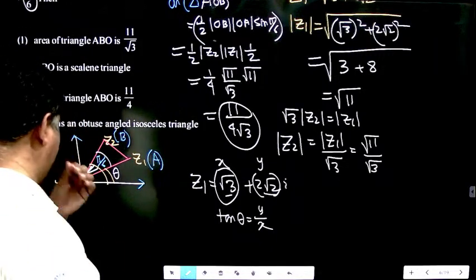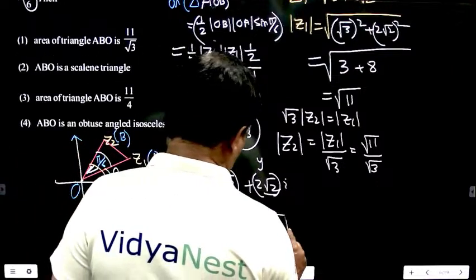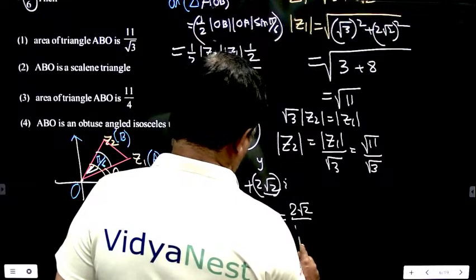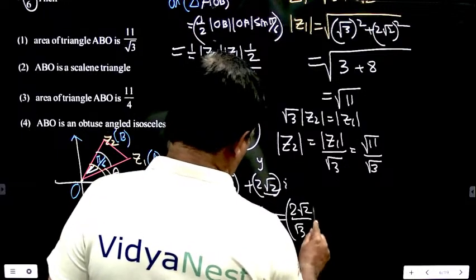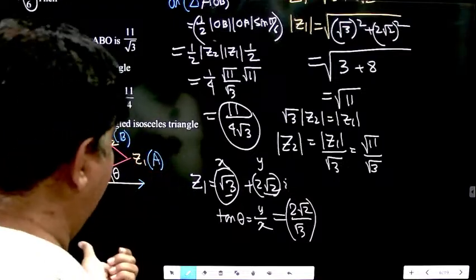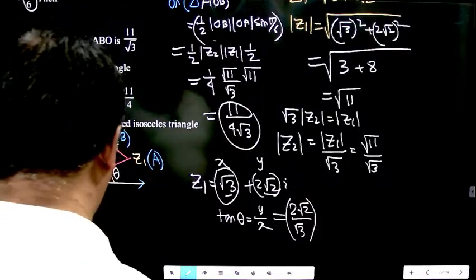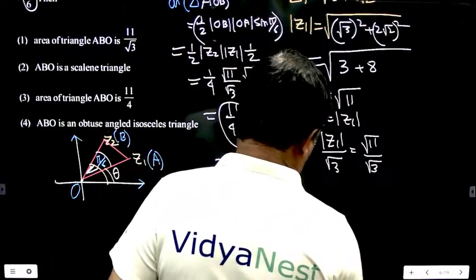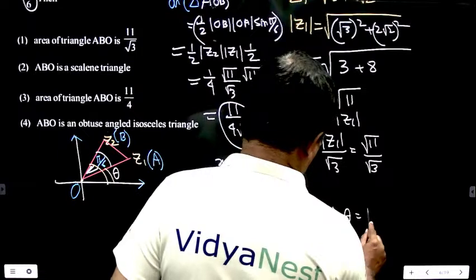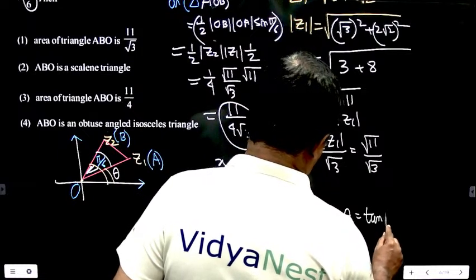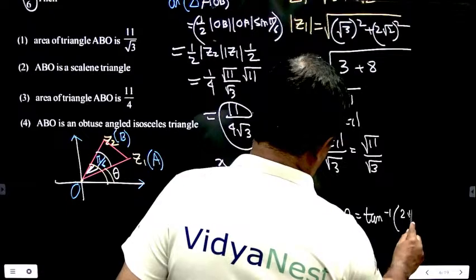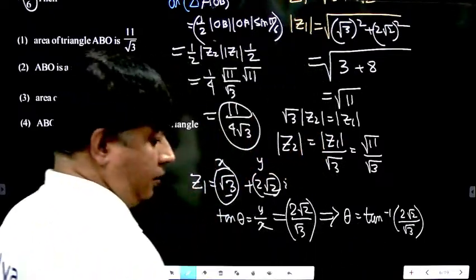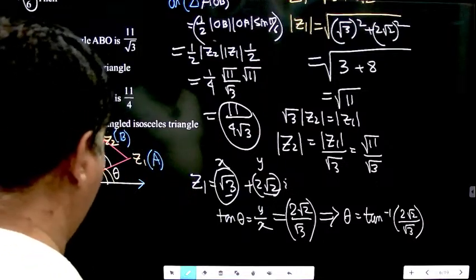So what is y? 2 root 2 by root 3. Obviously, this is not a standard value of tan by which we can get theta. So theta will be expressed by tan inverse of 2 root 2 by root 3.